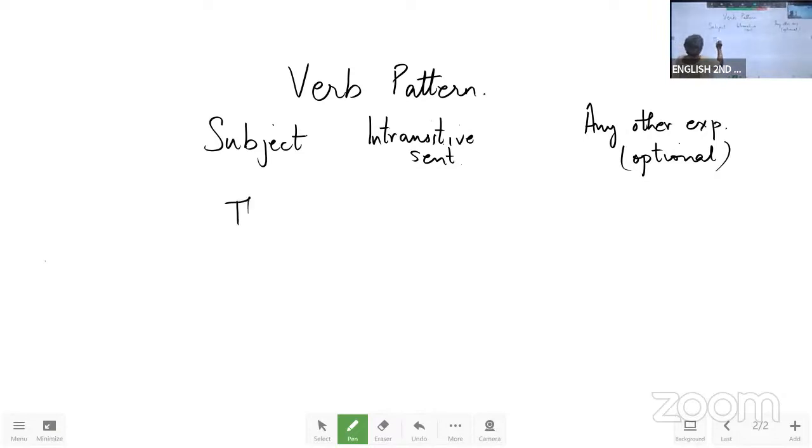Like I said, they travel. They is the subject, verb is travel, frequently. This is not an object. So you can use it as any other expression. Did you understand, children?